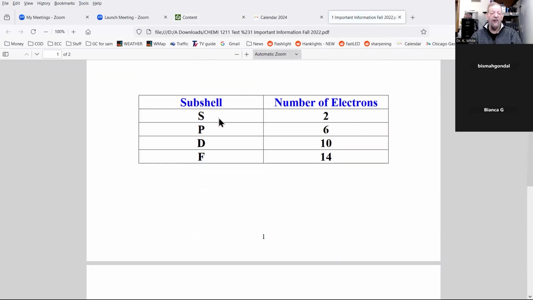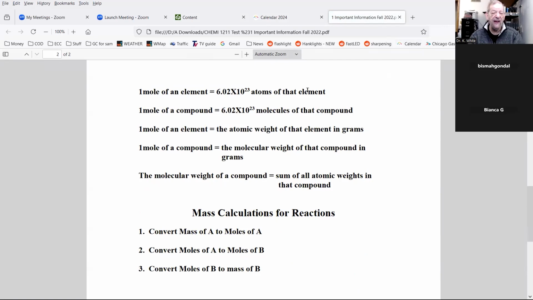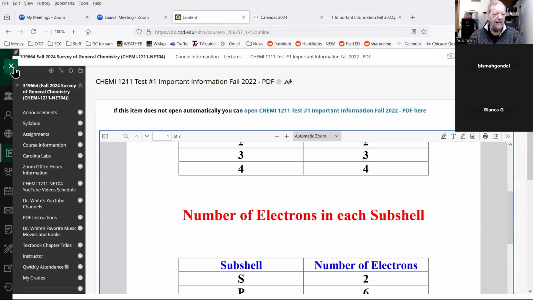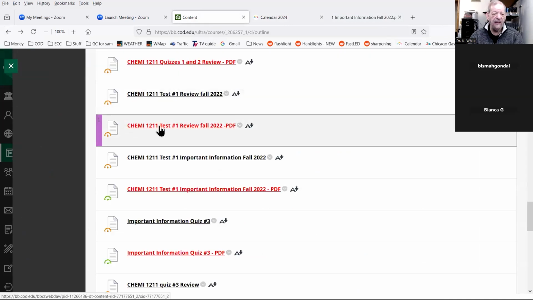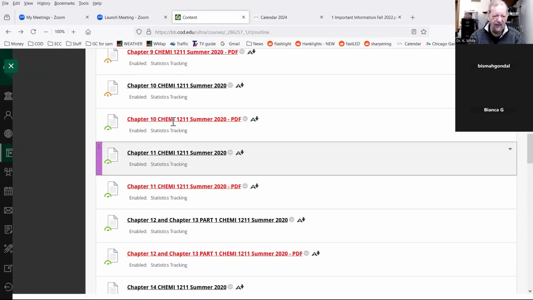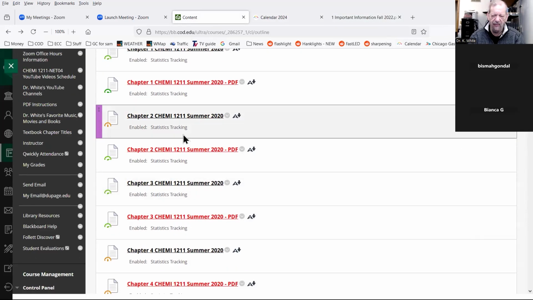This is stuff you don't have to memorize, which in the past I used to have students memorize. The review that I'll be going through tonight is located in the lecture folder of the content area of Blackboard.